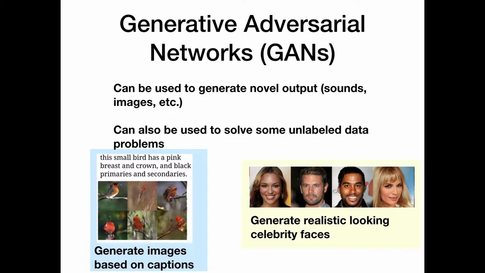We also have an adversary, and the adversary is saying, how good are you, generator? Think of the generator as the counterfeiter who is trying to create counterfeit bills, and the adversary is the Secret Service who is trying to distinguish fake bills from real bills.